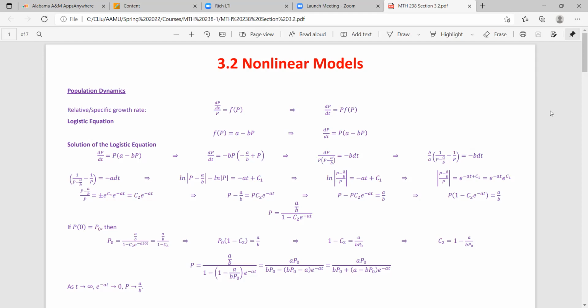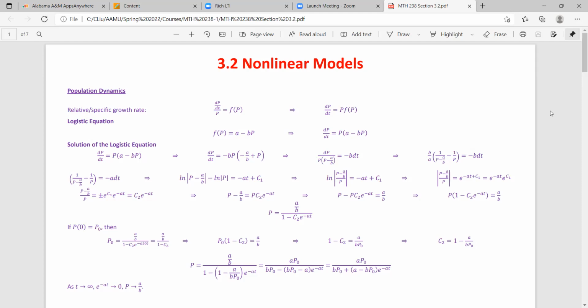You can easily double check it by combining the two fractions on the left hand side and simplify it. Okay, and then we can cancel b on both sides and multiply a, to get (1 over P minus a over b minus 1 over P) dP equals negative a dt. And the reason we want to do that is now we can easily integrate on the two sides of the equation. Okay, so that's the whole point of partial fraction decomposition.